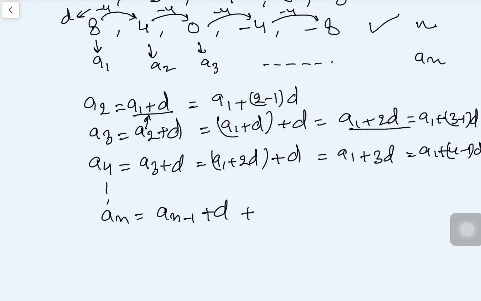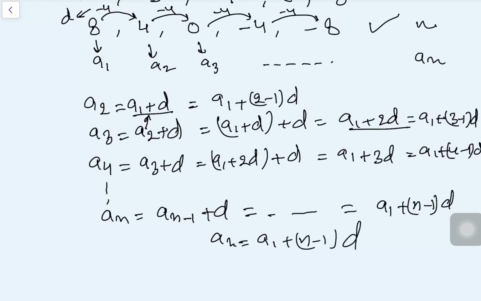Similarly, we can also represent this with the first term A1 plus n minus 1 D. This is an important formula: An is equal to A1 plus n minus 1 D. So what does it mean?